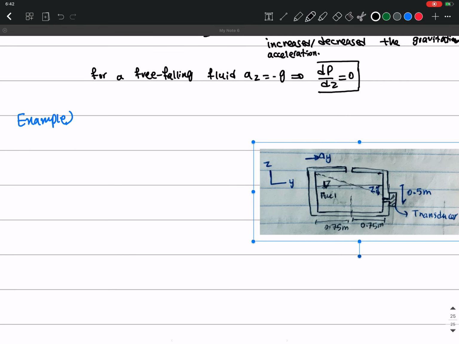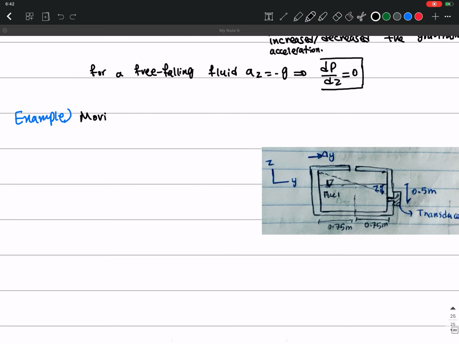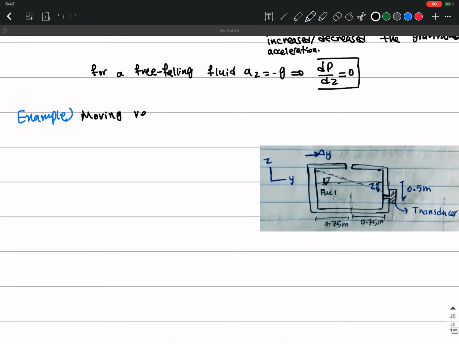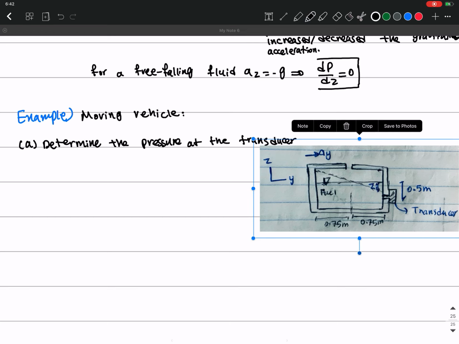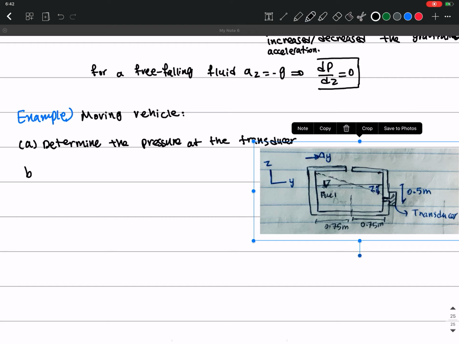So imagine we have a moving vehicle, and the question asks to (A) determine the pressure at the transducer, and (B) the maximum acceleration before the fuel level drops below the transducer.